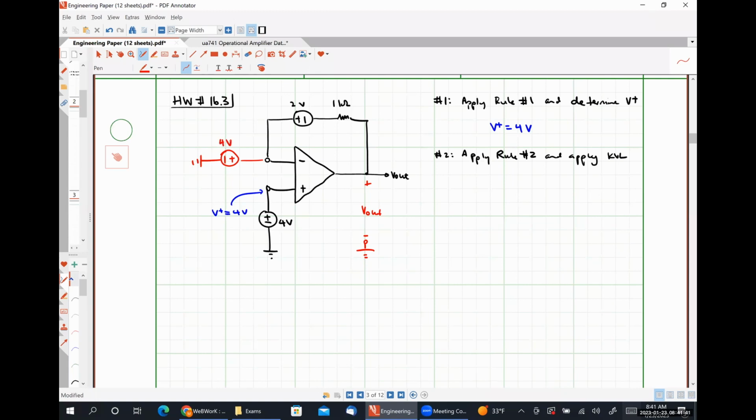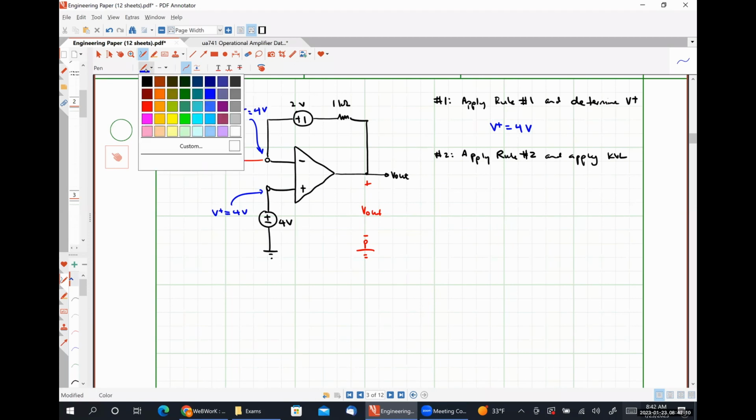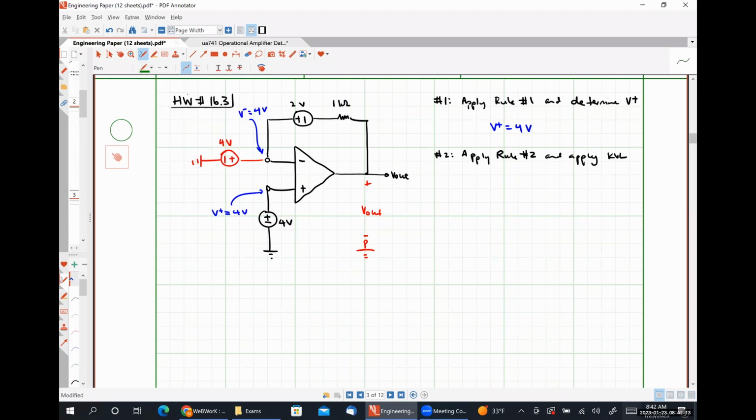The 4 volt source that I've applied on the left connected to the inverting input terminal isn't actually there, okay? But we know that our voltage present at our inverting input terminal must be 4 volts because we have a negative feedback amplifier and we're applying our ideal op-amp rules. Okay. So I drew it there to make it obvious when I write my Kirchhoff's voltage law loop.